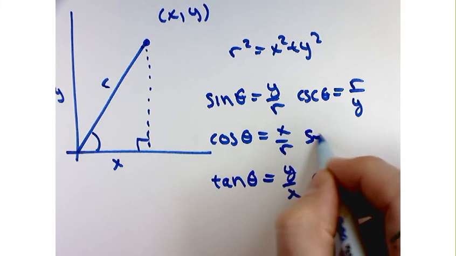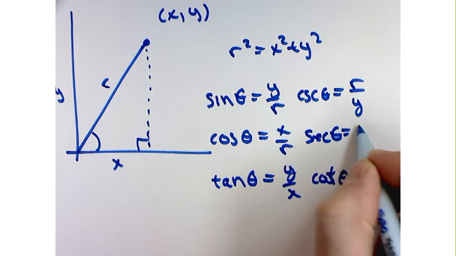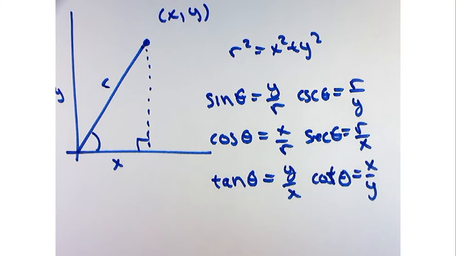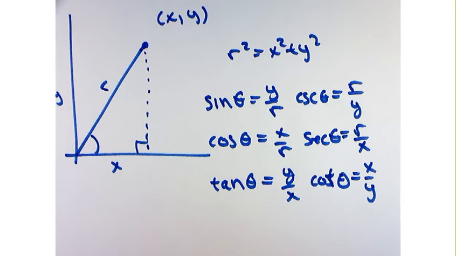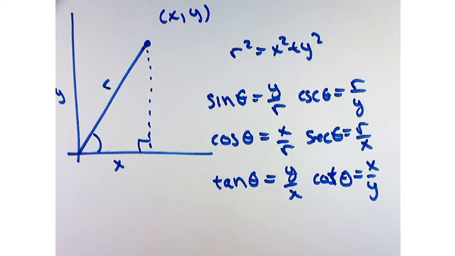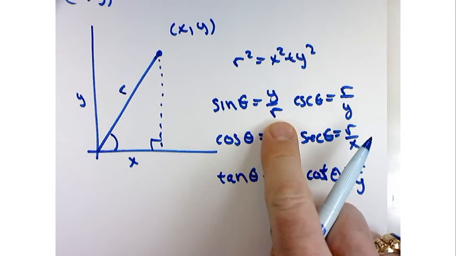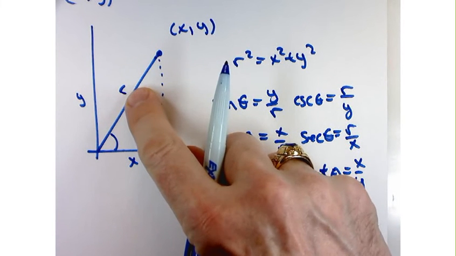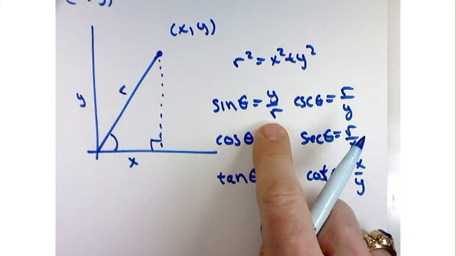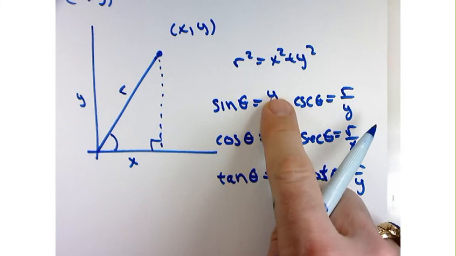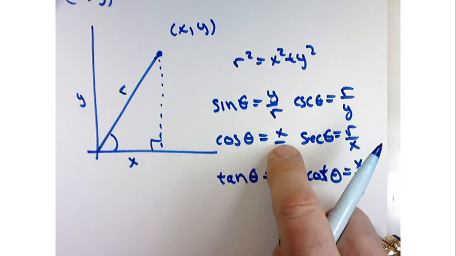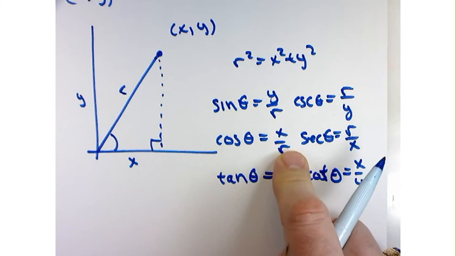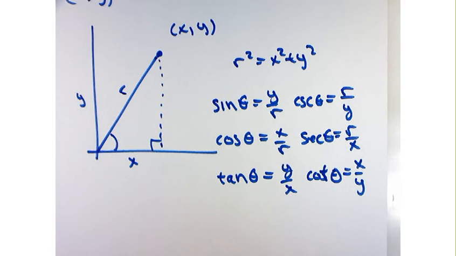And the secant is going to be r over x. So the nice thing about working with the unit circle is that the radius is 1. So if the radius is 1, hey, it's just sine is the y-coordinate, cosine is the x-coordinate. So there's a nice convenience to working with things if you're on the unit circle.